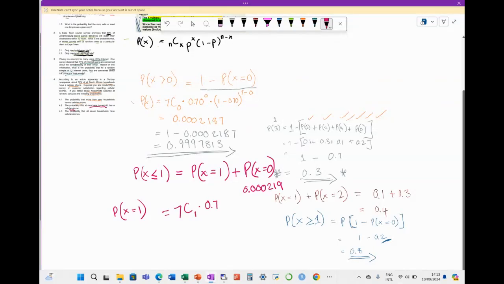Yes, 0.70, to the power 1, times 1 minus 0.70 to the power n, 7 minus 1, which is 6. Okay. What do we get when we work that out?